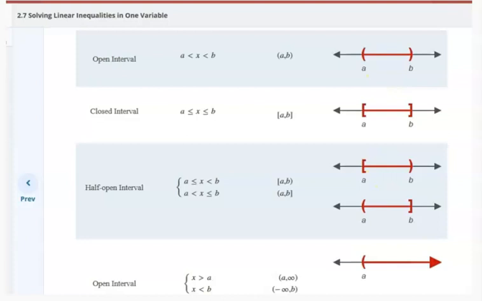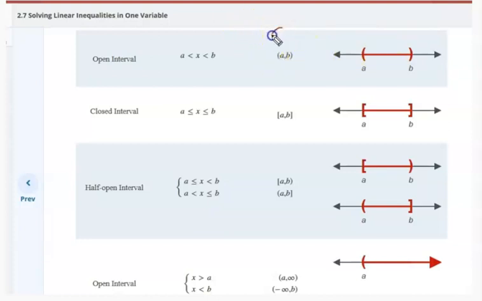Now, as you do the examples in your practice and certify, you'll note that one of the things you have to do, once you solve the inequality and end up with something that looks like this, is pick out what the interval notation will look like.